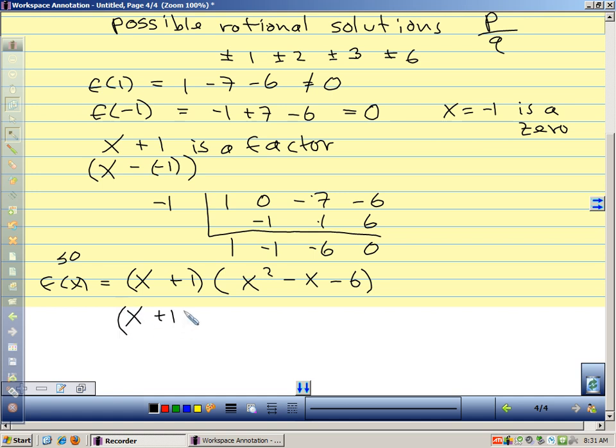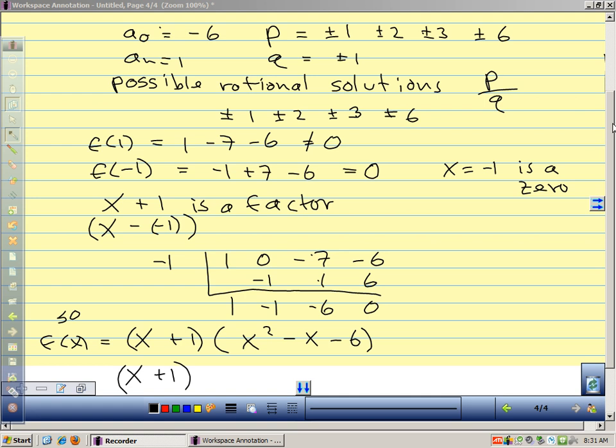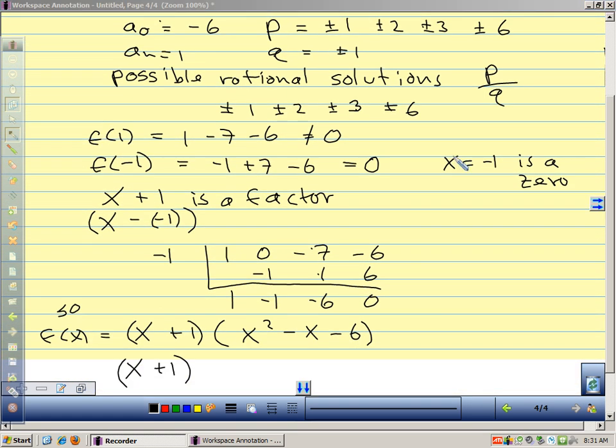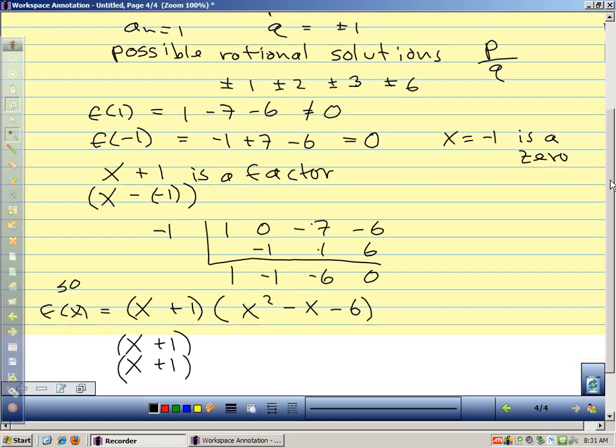Wait, how did you get the x squared minus x minus 6? When I divided this polynomial by x plus 1, what I'm left with is 1x squared minus x minus 6. That's what these numbers tell us when I do synthetic division.